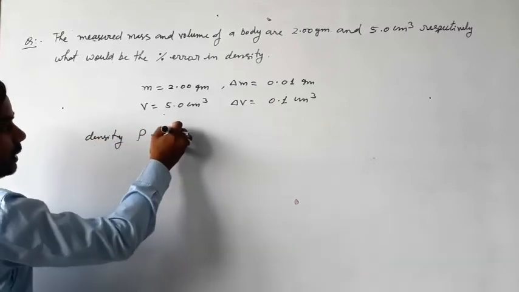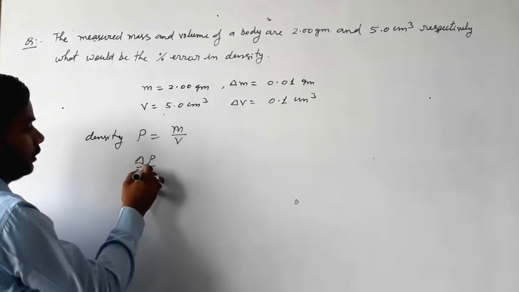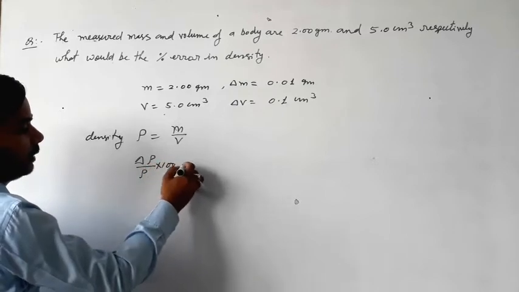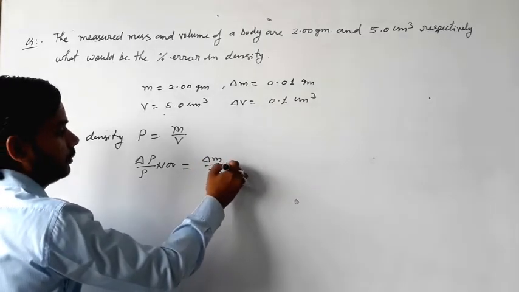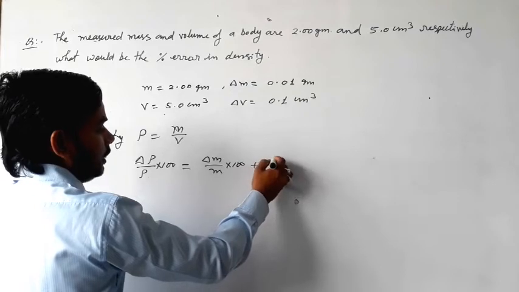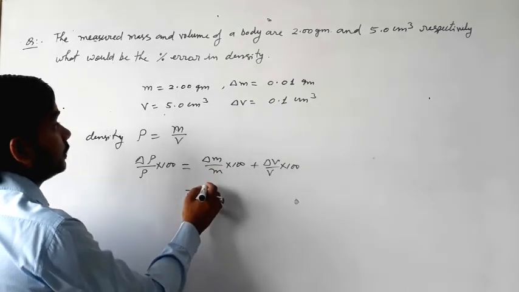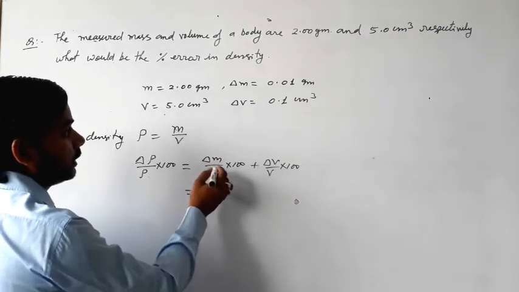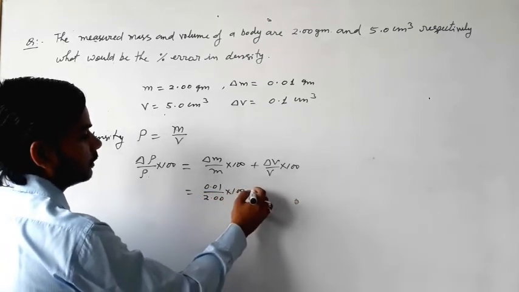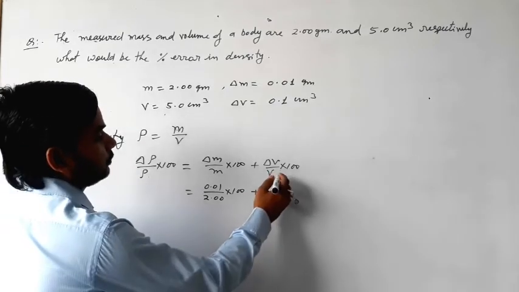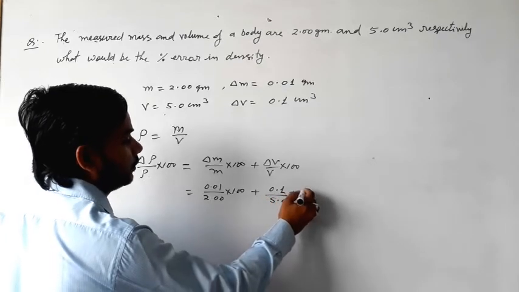Density rho equals mass upon volume. Then we have to calculate the percentage error in density. So delta rho upon rho into 100 will be delta m upon m into 100 plus delta V upon V into 100. Now we put in the values: 0.01 divided by 2.00 into 100 plus 0.1 divided by 5.0 into 100.